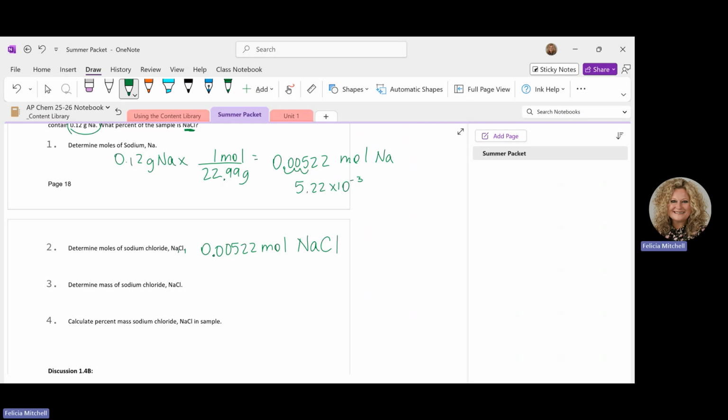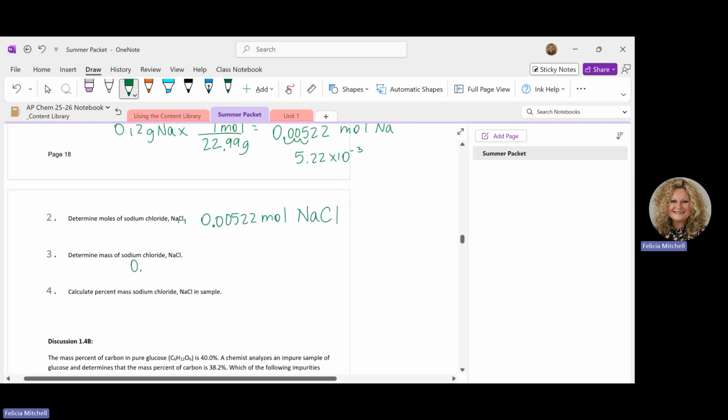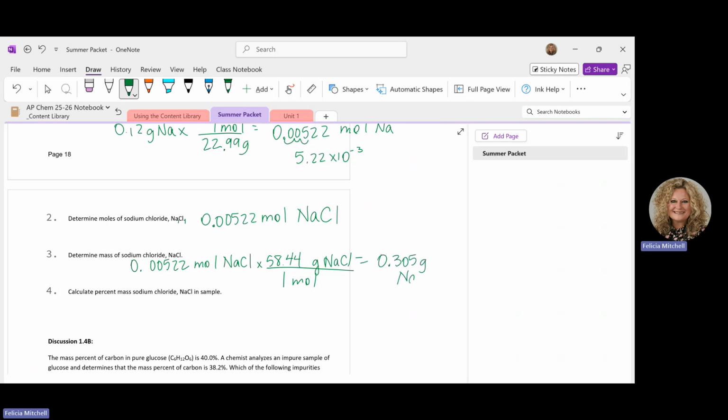Now, because I know that to be true, I now can see how much I had in grams of NaCl. Now I'm just going to go backwards to get to grams using molar mass. 1 mole of NaCl is 58.44 grams. That means I have 0.305 grams of NaCl. So by studying the Na, I could get to the NaCl.